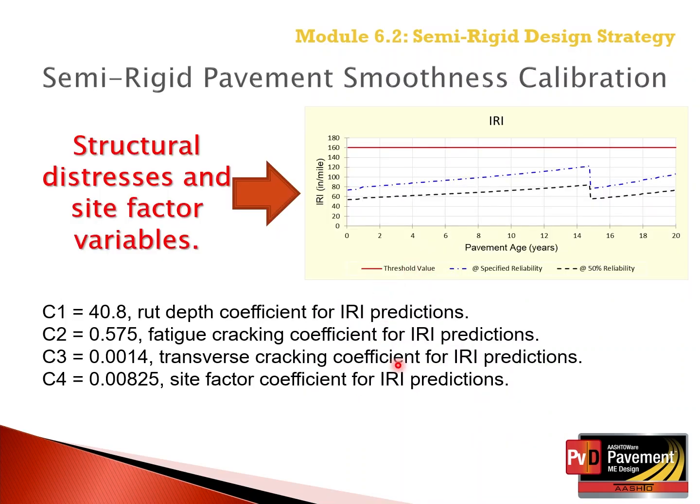So this just reiterates the calibration coefficients for the semi-rigid pavement smoothness calibration, which were previously mentioned in the presentation. These values, as well as the other calibration values for semi-rigid pavements, are also included in the output of the Pavement ME software.